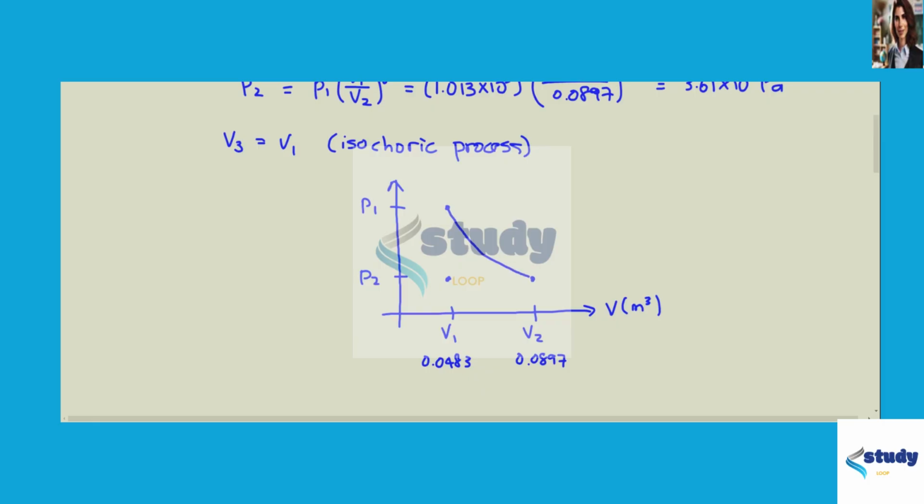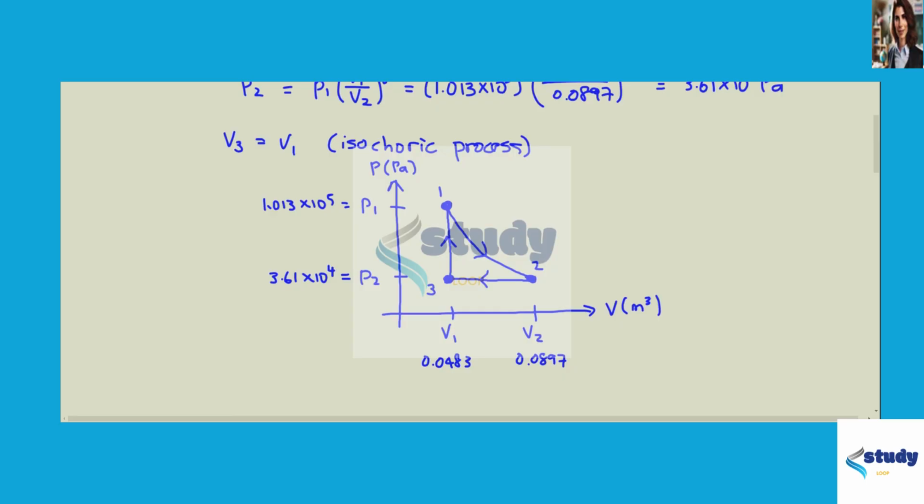It will look something like this. This is pressure in Pascal, and P1 is 1 atmospheric pressure, so this is 1.013 times 10 to the 5, and P2 is 3.61 times 10 to the 4.